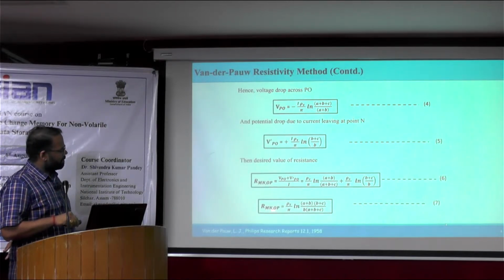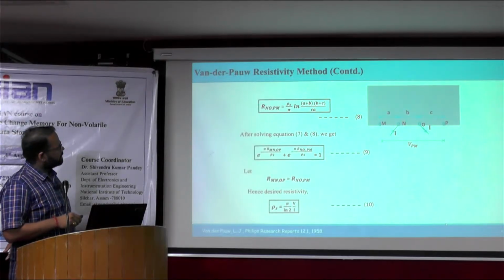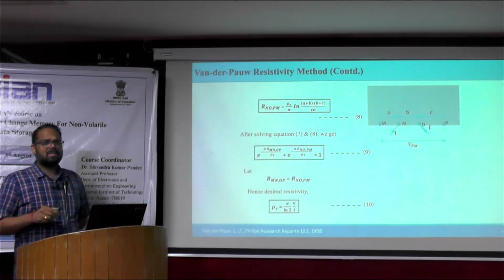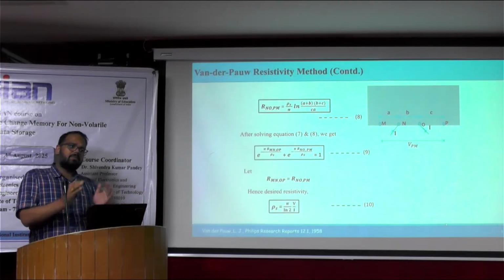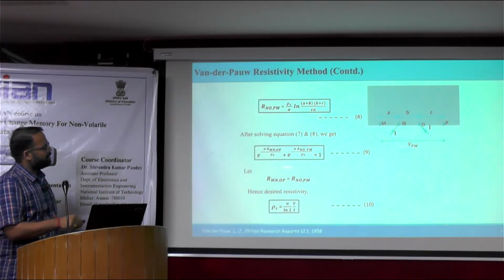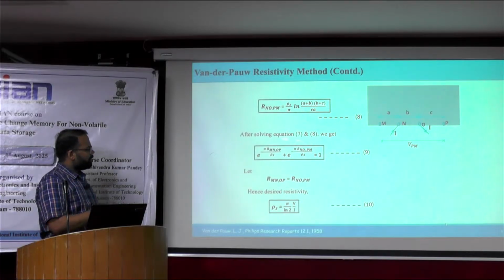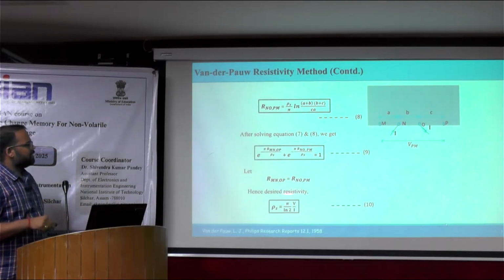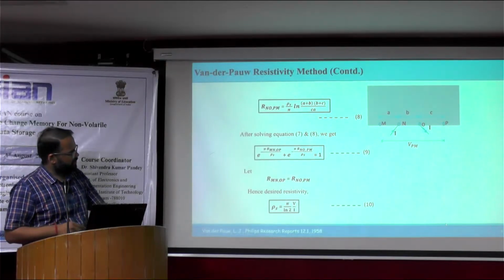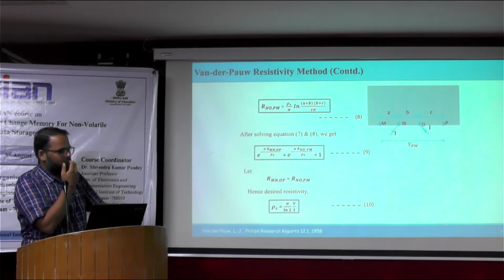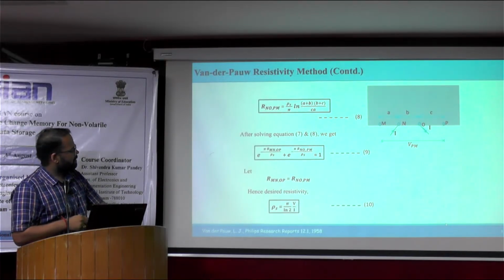This is R_MN,OP, and the other is R_NM,OP. They are changing the source and current terminals and identifying this relation. If you solve this equation, you will be able to identify this rho s value, the sheet resistivity.